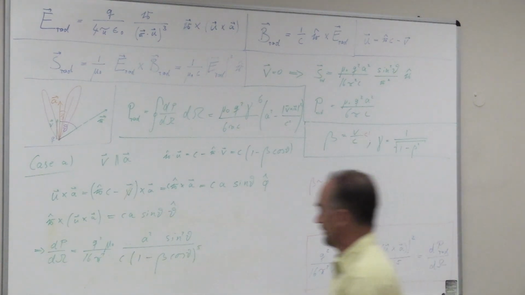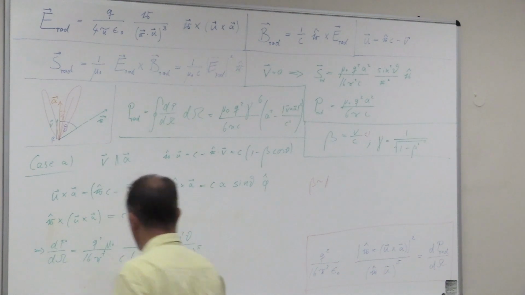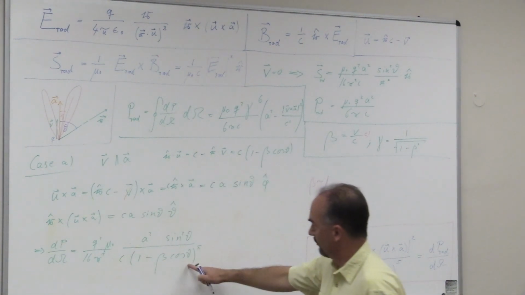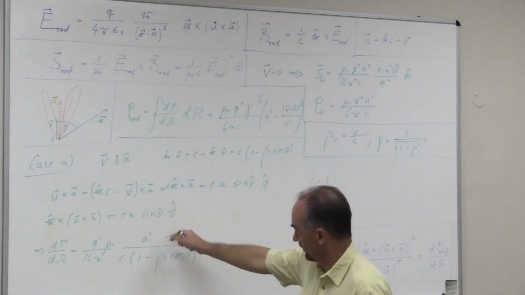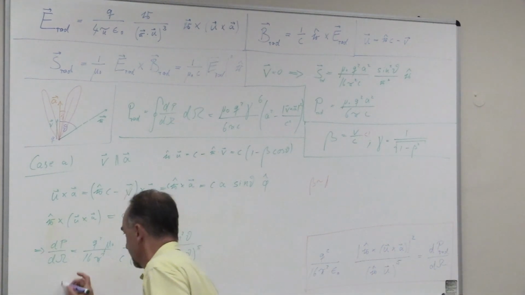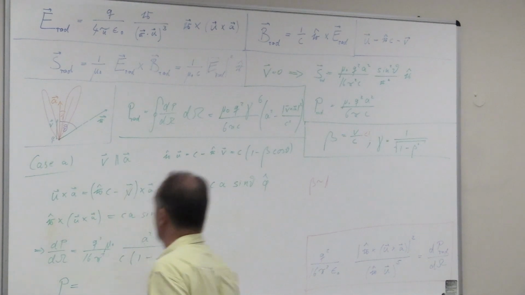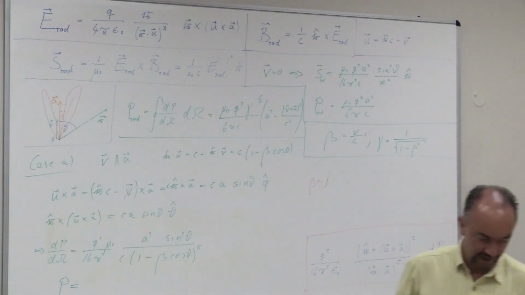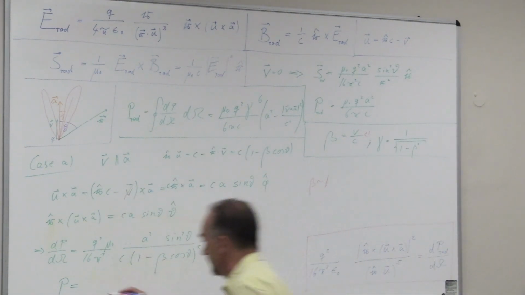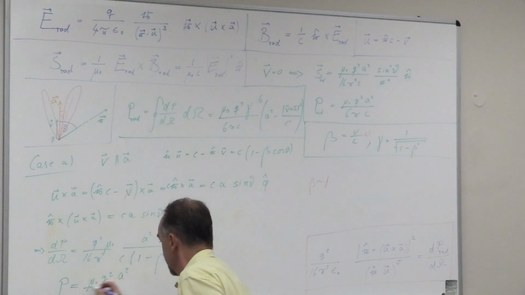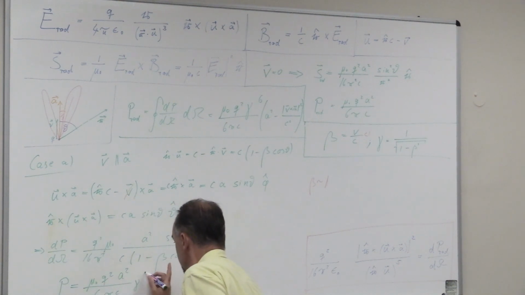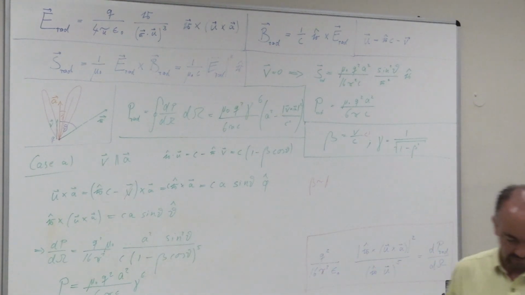Now we do the total angle integration. When you integrate over theta here, you don't need to carry that through, just do some substitutions. The total P, so integrating over all solid angles, we get mu naught q squared a squared over 6 pi c times 6 powers of the Lorentz factor.